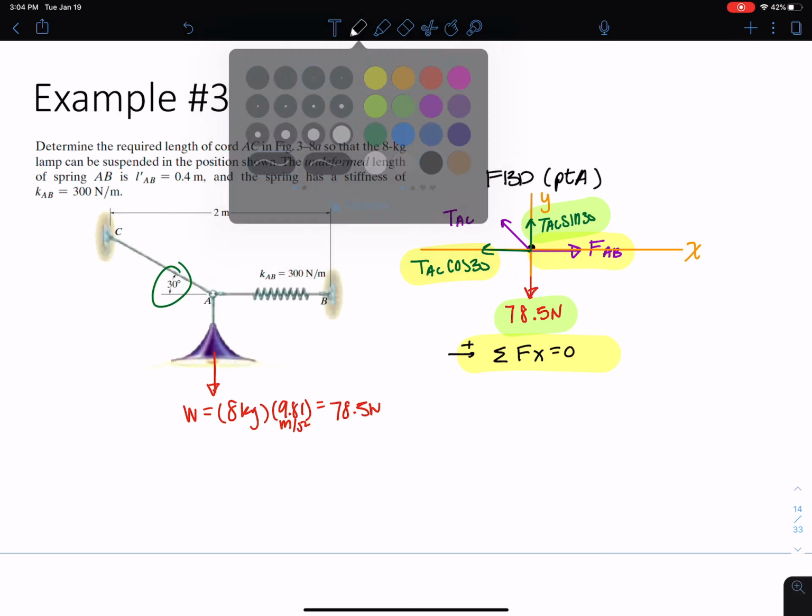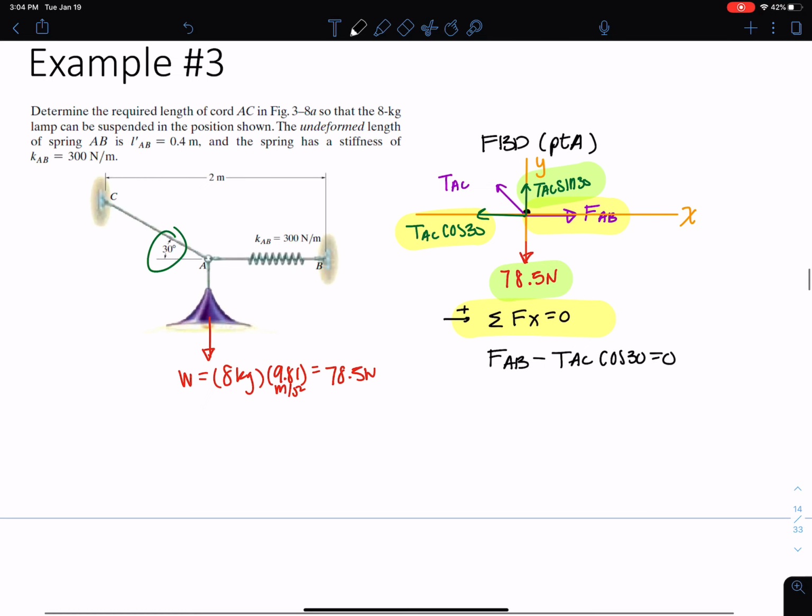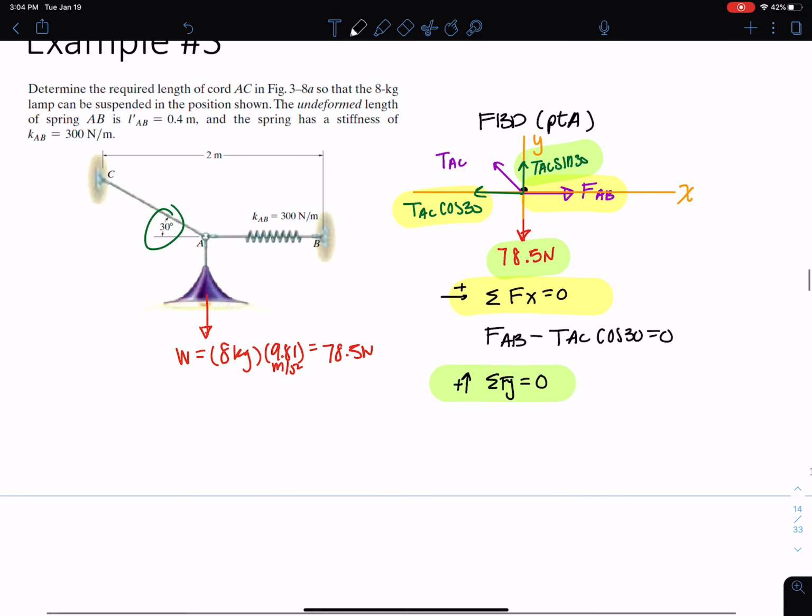Okay, so sum of forces in the X. I have the yellow forces, right? FAB minus TAC cosine 30. And then I have sum of forces in the Y. And this is going to be the addition of all of the forces you guys see in green. So TAC sine 30 minus 78.5.